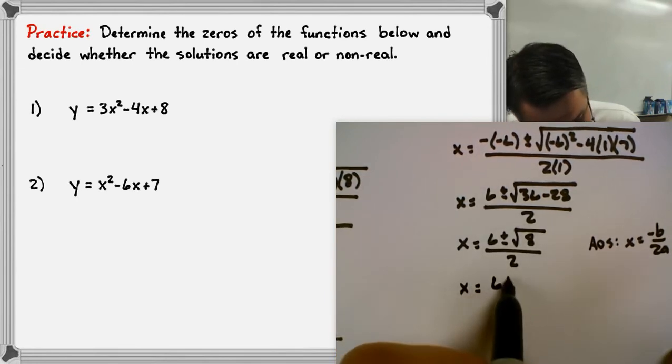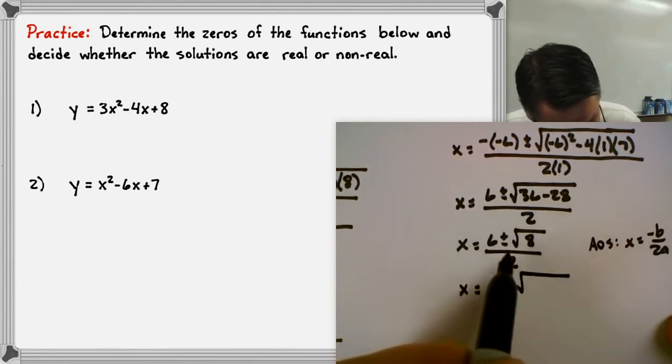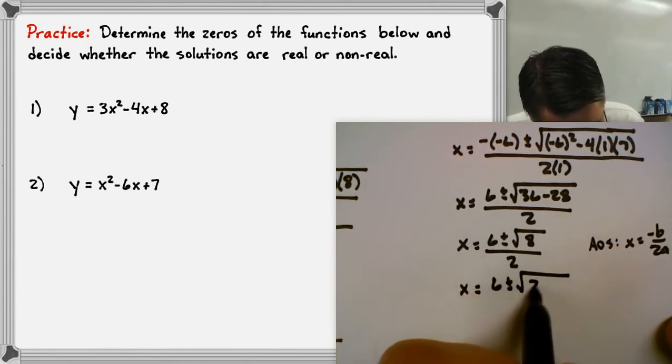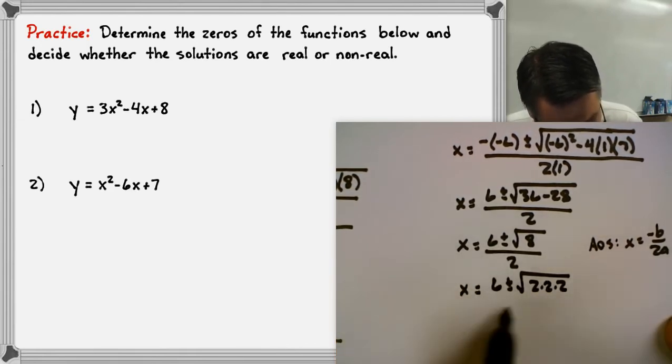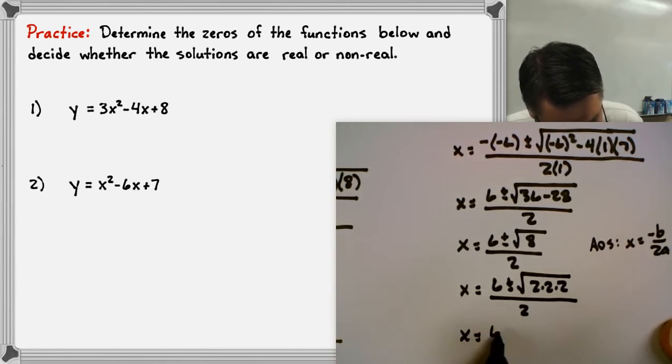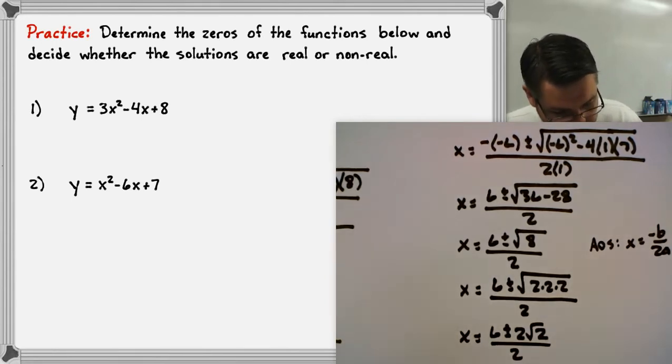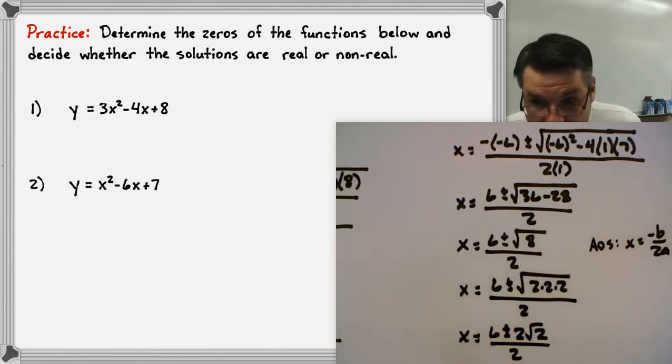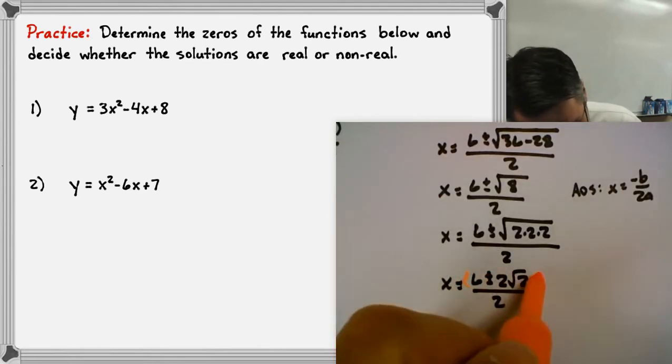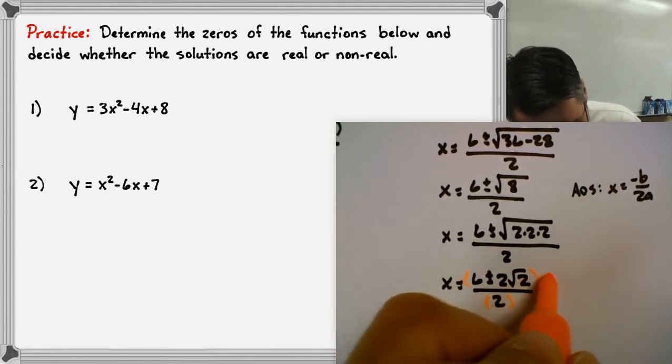So we end up with 6 plus or minus radical 2 times 2 times 2 all over 2. And so we have x equals 6 plus or minus 2 radical 2 over 2. And then we can simplify this a little bit because all of these can be reduced by 2.